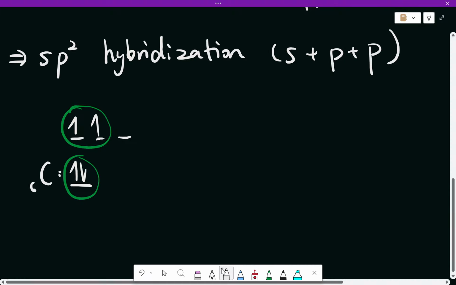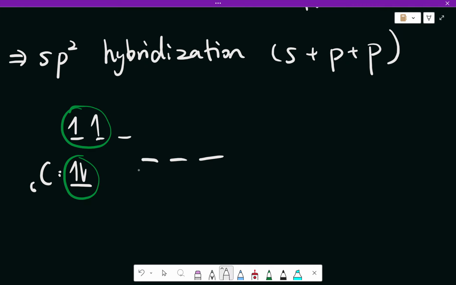So the hybridized orbitals will still be somewhere in between these two energy levels, and we would have one unhybridized p orbital that still stays on the original p level. So we have three sp2 hybridized bond orbitals and one 2p unhybridized orbital.